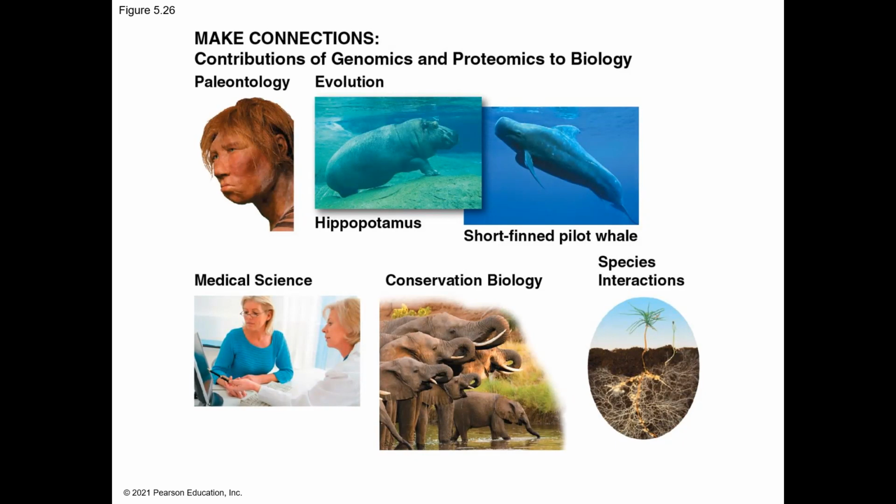For example, we're now able to offer gene therapy. We're able to offer gene counseling for couples who want to try to have a baby. It helps us in conservation biology. Some species may be more genetically diverse, meaning that they're probably more likely to be protected. And it can show the interactions between different species that exist.